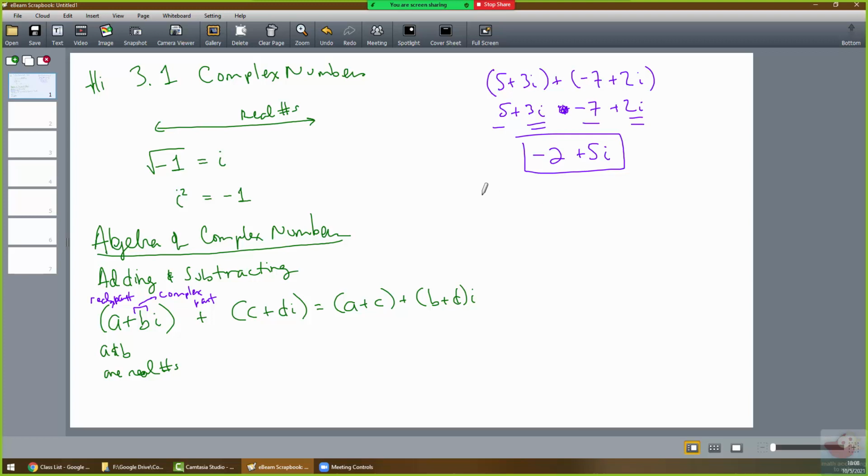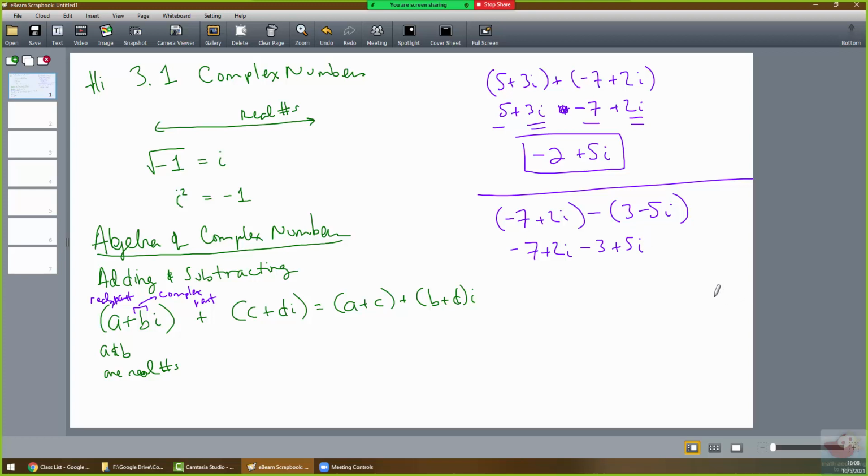And then with subtraction, the only thing you have to worry about is double negatives. So if you had negative 7 plus 2i minus the quantity 3 minus 5i, as you might guess, just make sure you distribute that negative through.